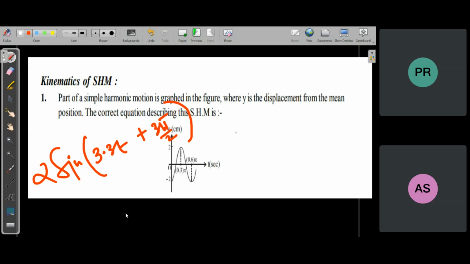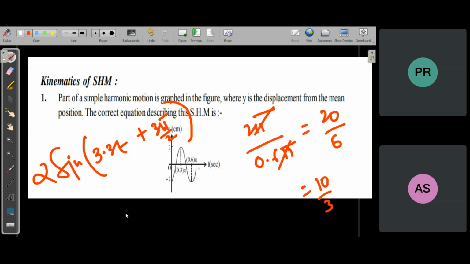So this half is 0.3 pi, so the full is 0.6 pi. So 2 pi by 0.6 pi, right? Yes, sir. 6 pi, then pi will go, and then you will get 20 by 6, which is 10 by 3. Yeah, so 10 by 3 you can directly write.